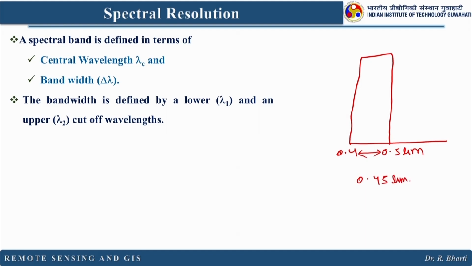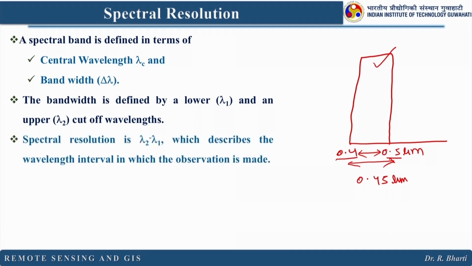In the next one, bandwidth. So, bandwidth is basically this one. In order to understand spectral resolution, you need to understand what is central wavelength and bandwidth. The bandwidth is defined by a lower and an upper cutoff wavelength, that is these values, right.